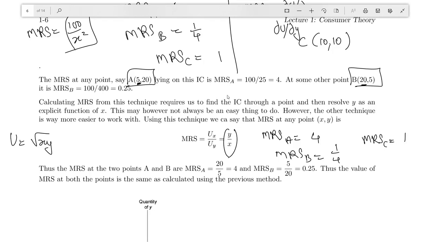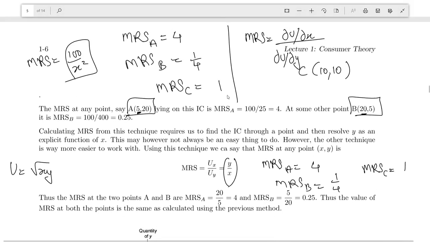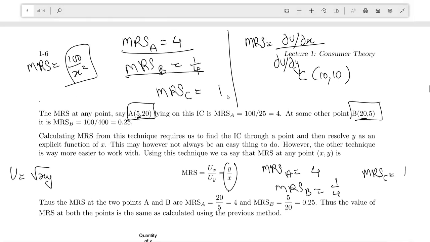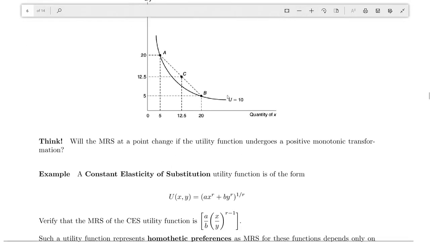So these numbers are same as what we had earlier. Okay, so the numbers are the same. So no matter what formula you use, MRS value remains same. No matter what utility form you use, the MRS remains the same. So it's a very sturdy tool, does not change under these simple tricks.